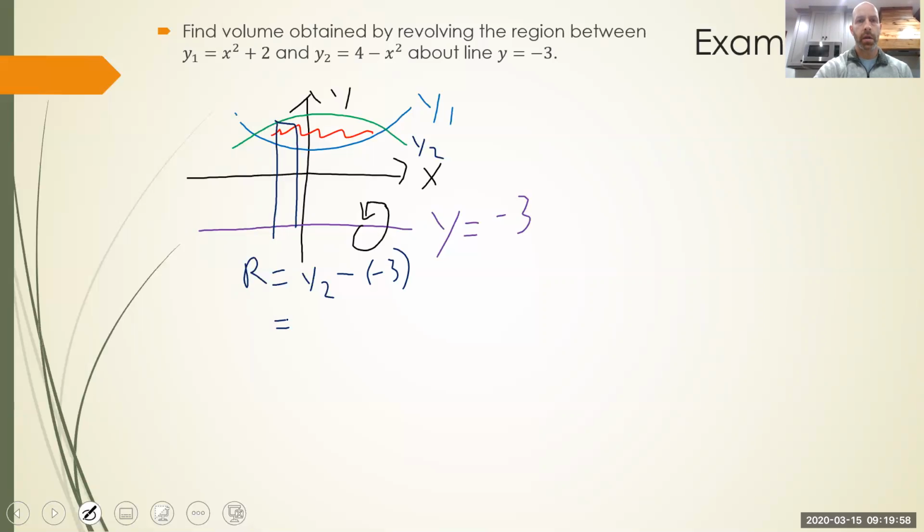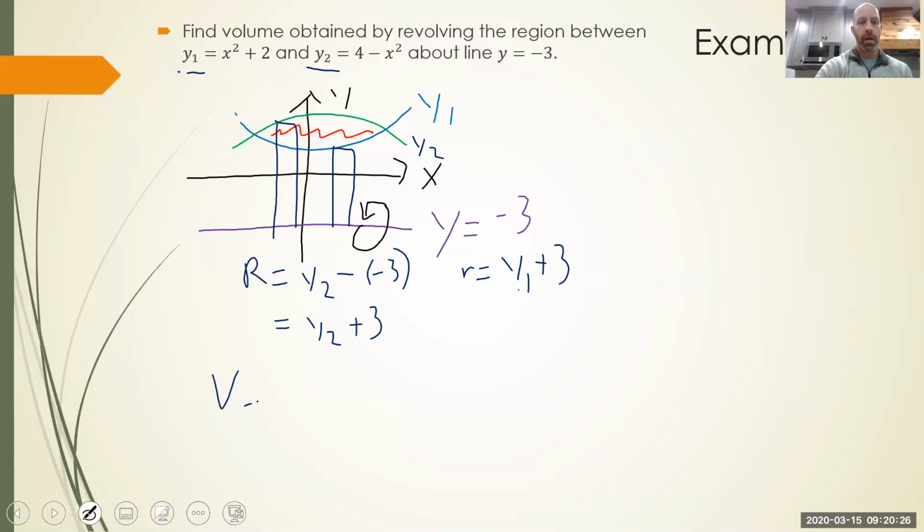In other words, it's going to be y2 plus 3. And then little r is going to be this rectangle. Little r is going to be y1 plus 3. So I would assume that you could plug these into your calculator, or you can work these out by hand.